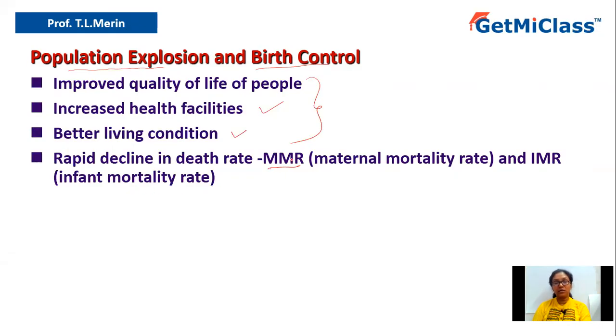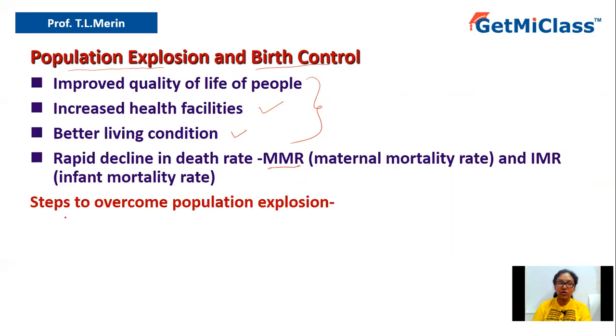Earlier, the females in India, and even in many other places, used to deliver babies at home, and because of lack of medical facilities, they used to die. And even the infant mortality rate was quite high. But now, because of the increased health facilities and awareness, the maternal mortality rate as well as the infant mortality rate has come down, and that is how it has added to the population again.